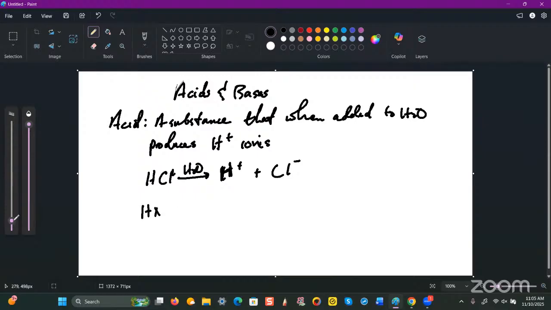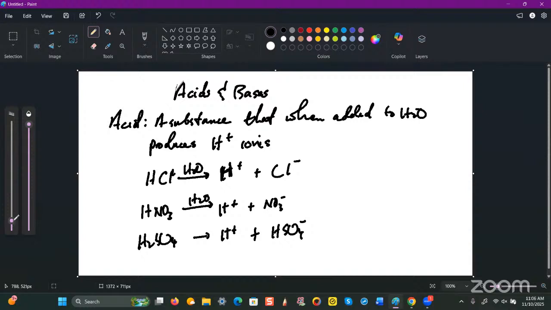If you take nitric acid in water, it will produce H plus ions and nitrate ions. Or in the case of sulfuric acid, when added to water, it will produce hydrogen ions and hydrogen sulfate ions. So in all these cases, as you can see, they produce hydrogen ions when they're added to water.